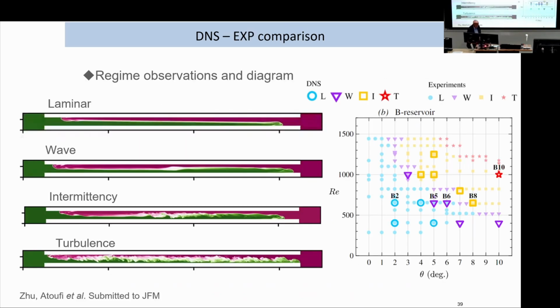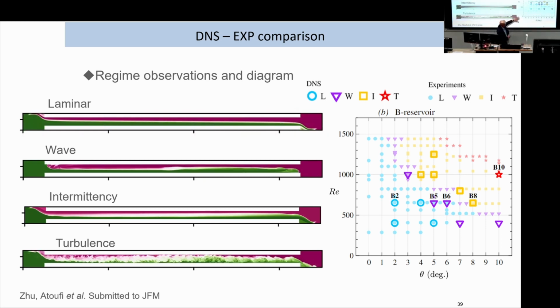So, how well does it work? Well, you can see all 4 regimes. So the laminar regime, you can see wave-like systems, an intermittent case, and you can see a fully turbulent case. So we get the 4 regimes that I showed before, and if we plot them on the same Reynolds number theta phase diagram, we see that they overlap with the experimental ones.